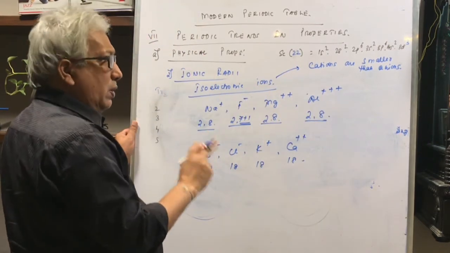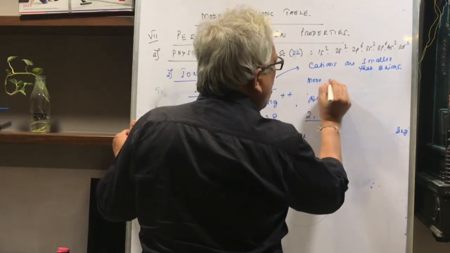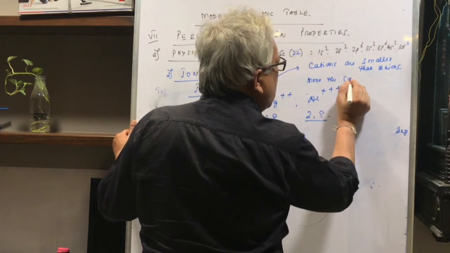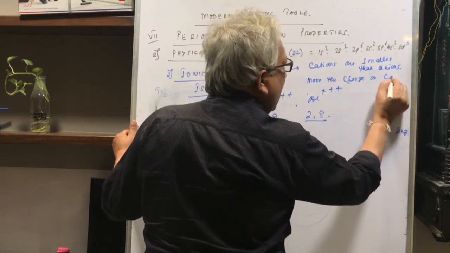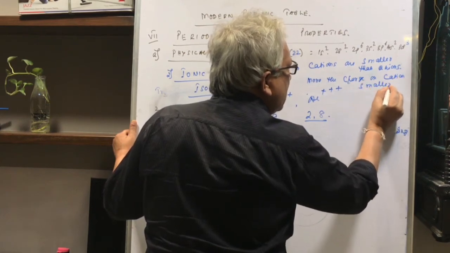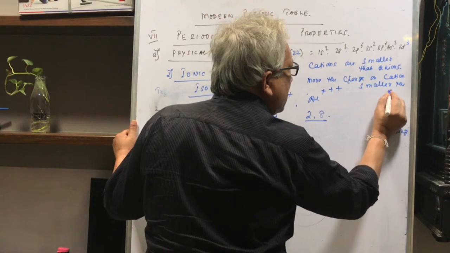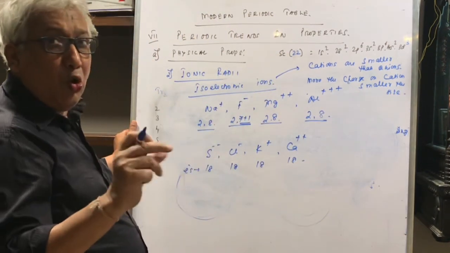That is one. Another thing is, more the charge on cation, smaller the size. That is because the nuclear force of attraction on the outermost electrons becomes more.